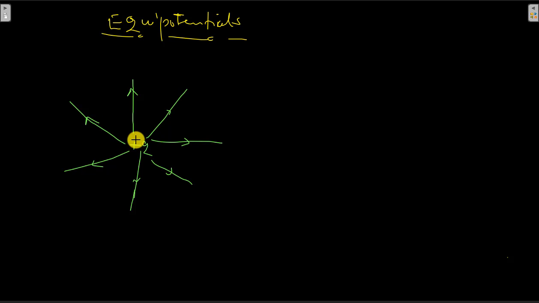So let us draw a concentric circle to this charge. Let's suppose I draw this circle here. I suppose this circle is of a given radius, and all points on this circle are the same distance from Q. So we know that the electric potential of a point charge is given by Q over 4 pi epsilon r.